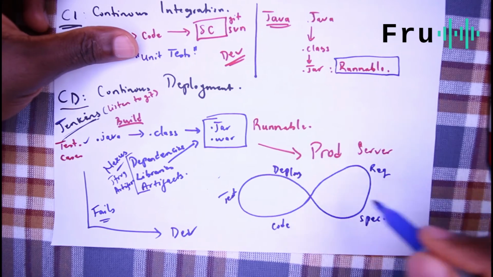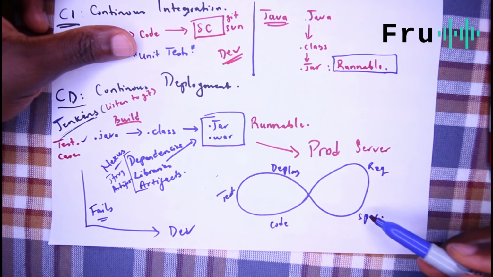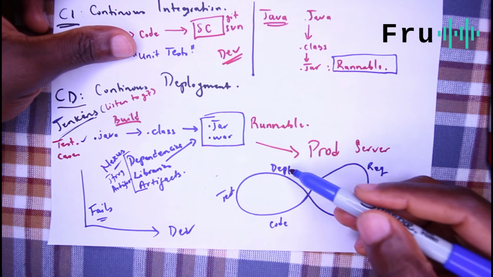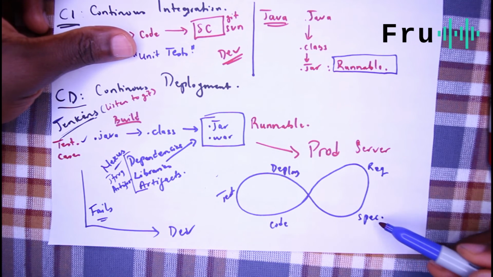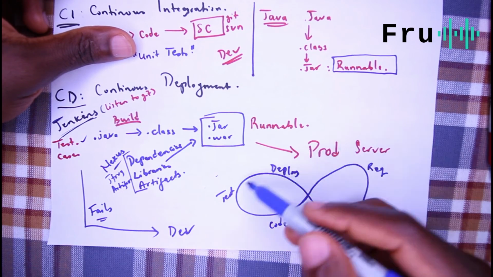You can put in whatever steps you want in here, but the whole idea is you start somewhere, you gather your requirements, you code, you test, you deploy, you monitor, you get new specifications, you develop requirements, and you just repeat this over and over again.